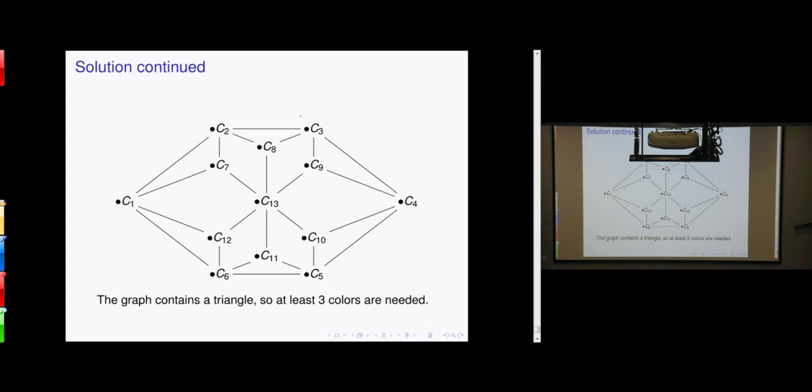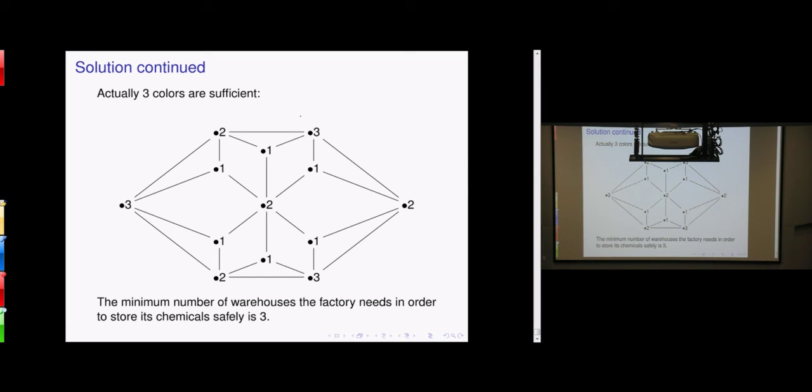This graph contains a triangle, so you need at least 3 colors. Now, can you find a coloring that uses exactly 3 colors? According to the notes, you can. Is it true? It's legal. Everything was legal. So you can have a 3-coloring of this, and this is the best.